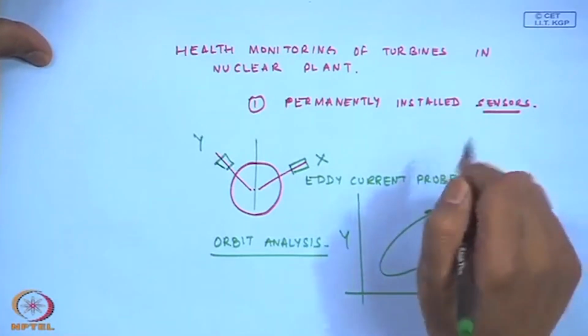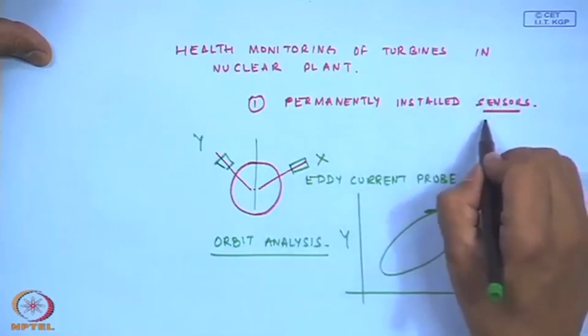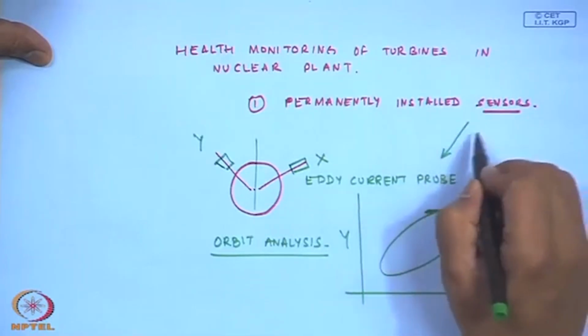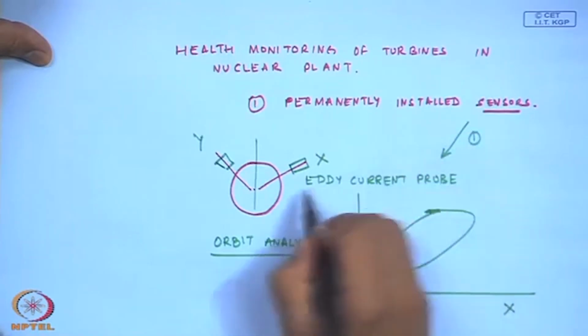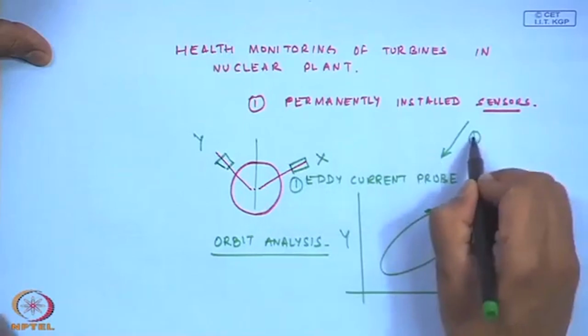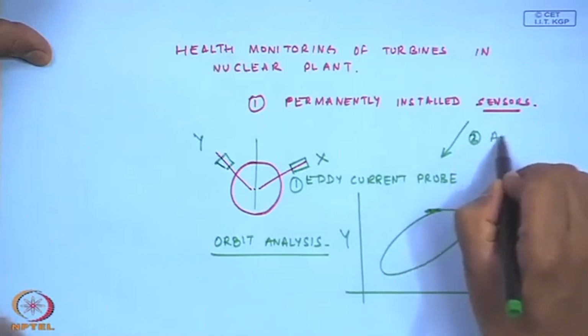But these sensors can be eddy current probes, and can also be vibration transducers like accelerometers.